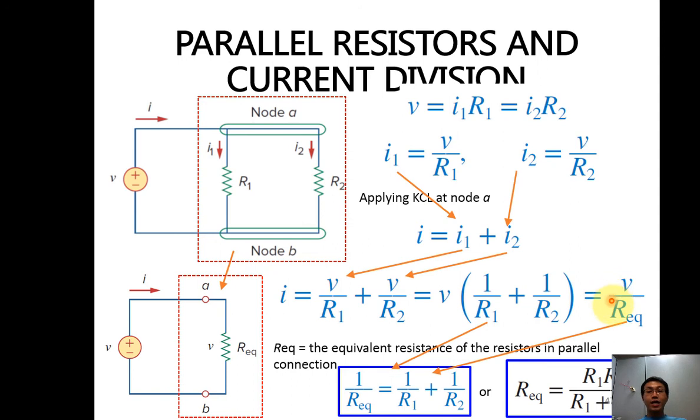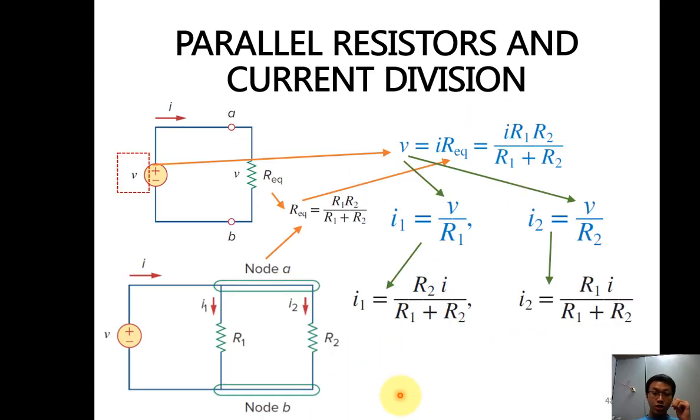Which means V equals I times R equivalent, where I can rewrite it as 1 over R equivalent equals 1 over R1 plus 1 over R2, or R equivalent is R1 times R2 divided by R1 plus R2. So have a look, the equivalent resistance is this equation, or usually we use this equation.